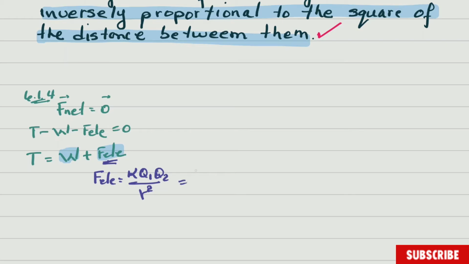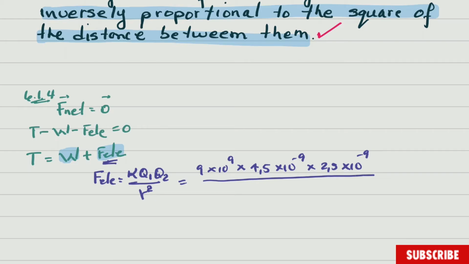This one is 9 times 10 to the 9 times the first charge, which was 4,5 times 10 to the minus 9, times the second charge, which was 2,5 times 10 to the minus 9. Remember, you do not substitute the signs of the charges in this formula.